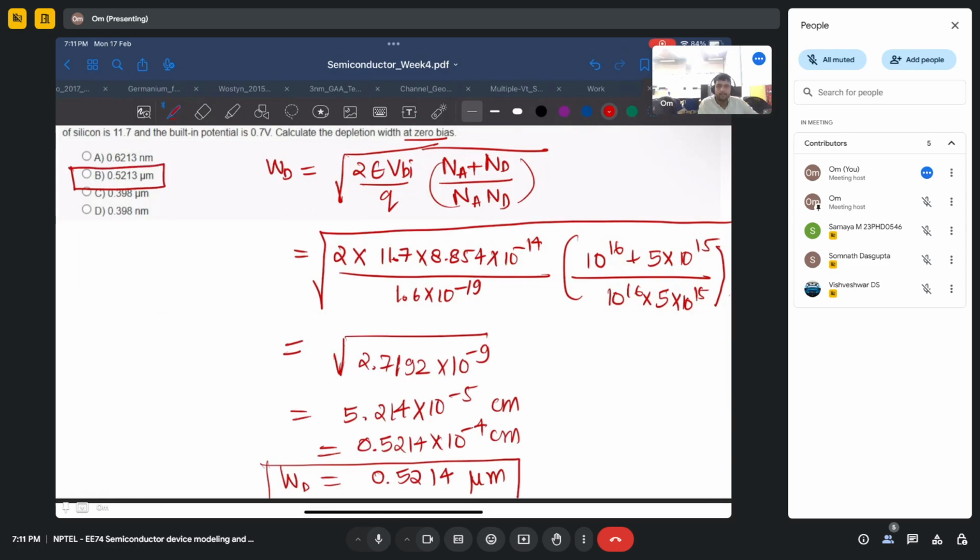This is option B. This is clear. It is pretty straightforward and formula based. There is no twist in this question.